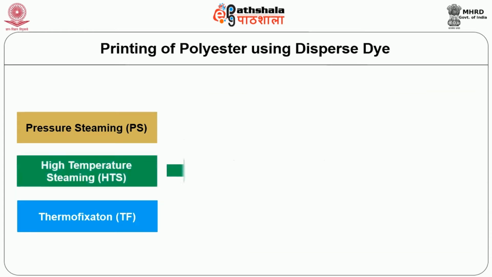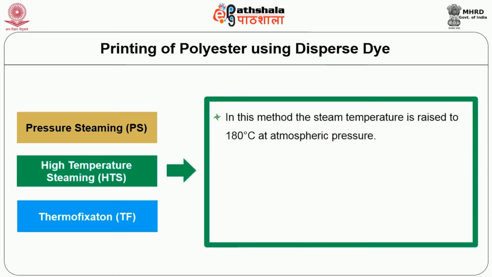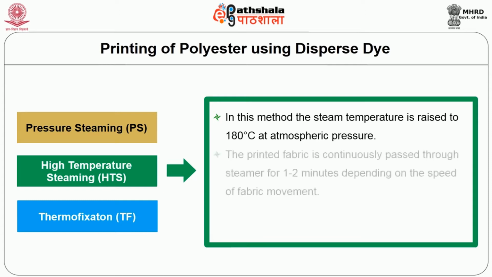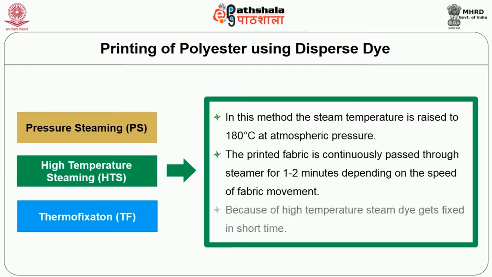High temperature steaming. In this method, the steam temperature is raised to 180 degrees centigrade at atmospheric pressure. The printed fabric is continuously passed through the steamer for 1 to 2 minutes, depending on the speed of fabric movement. Because of the high temperature steam, the dye gets fixed in a short time.